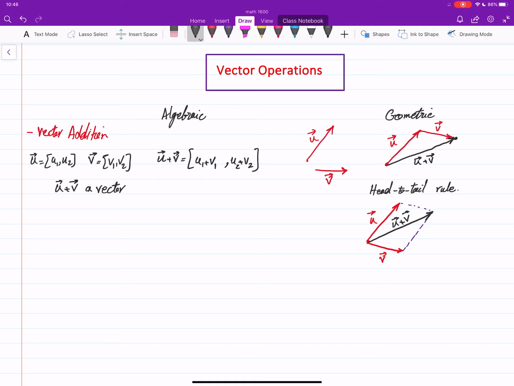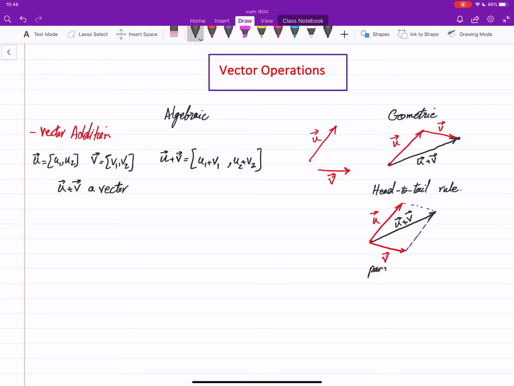That's the parallelogram rule. Both of them give us the same vector. In other words, the results have the same direction and the same length, but they come from different philosophies and look different. Okay, so that was the first operation.